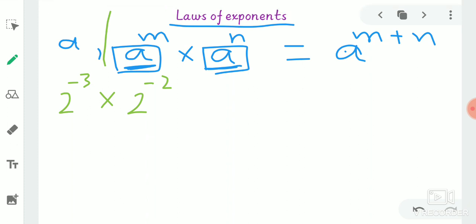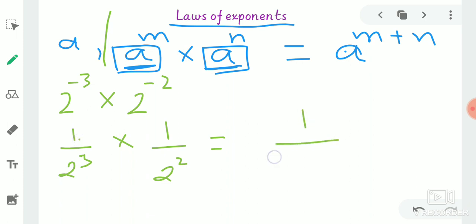I can write 2 raised to power minus 3 as the reciprocal of the base, meaning 1 divided by 2 raised to power 3, multiplied by 1 divided by 2 raised to power 2, or 1 multiplied by 1 is 1, over 2 raised to power 3 multiplied by 2 raised to power 2.